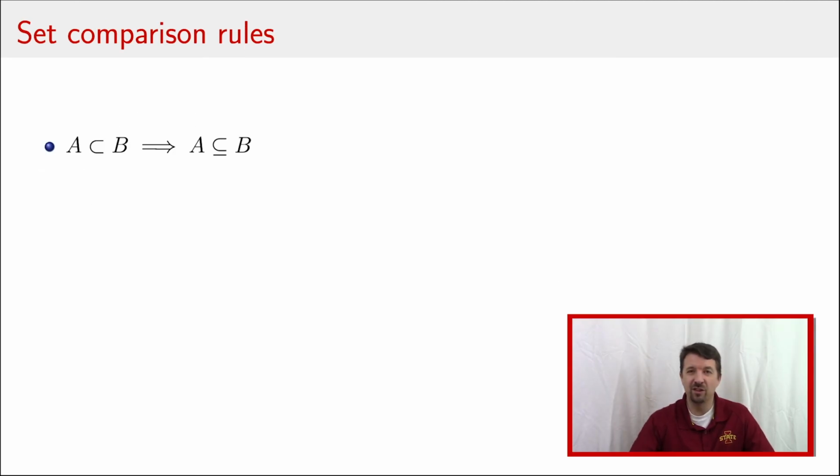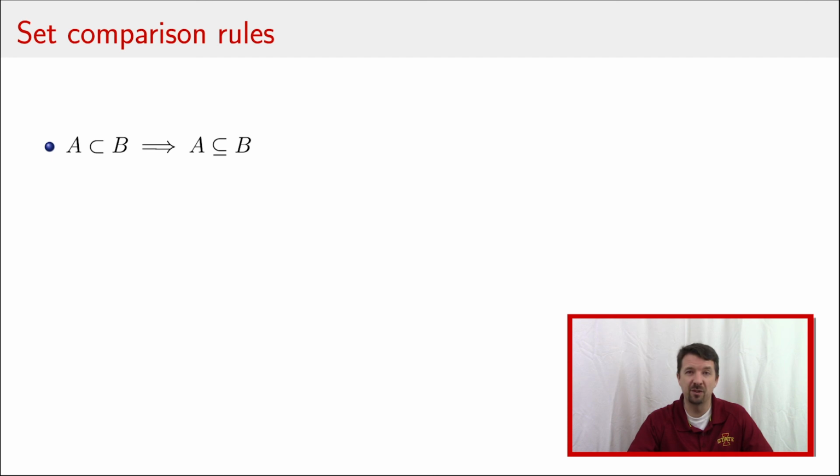All right, so we do have rules that apply here, just like we would have rules for the inequalities. And so what you might want to do on your own to make sure that you understand these subsets and supersets is to make sure that these rules make sense to you by just intuitively working through them. So here's an example. A is a proper subset of B implies that A is a subset of B. Well, number one, that's true by definition.